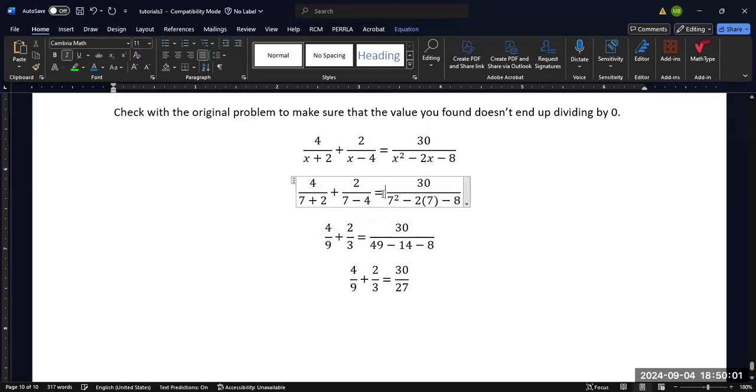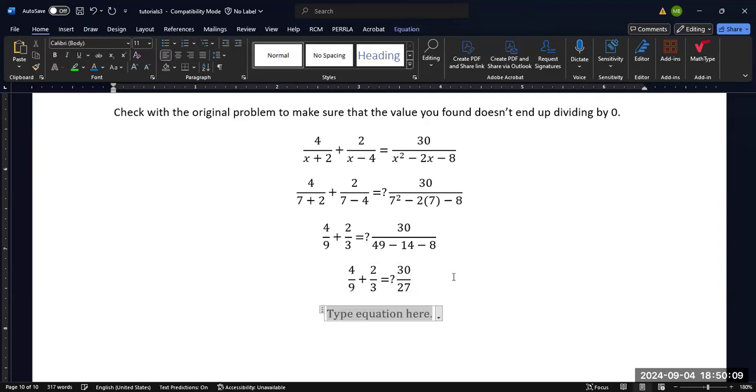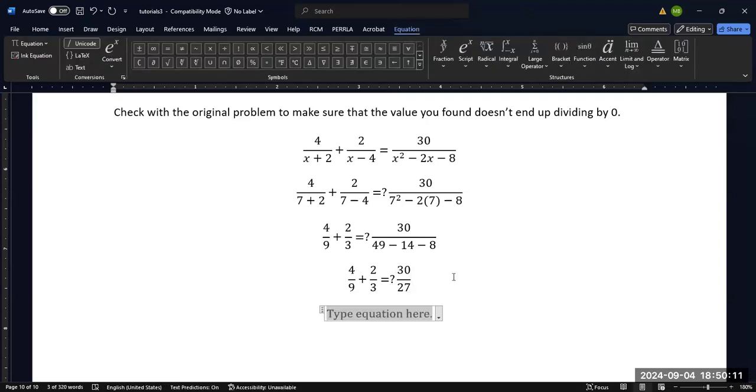Now, remember, we're not sure if this is in fact true yet, so stick in those question marks. Now, on the left side, we're going to need to find a common denominator, which is going to be 27. So 4 over 9, I need to increase this by 3 to get to 27.